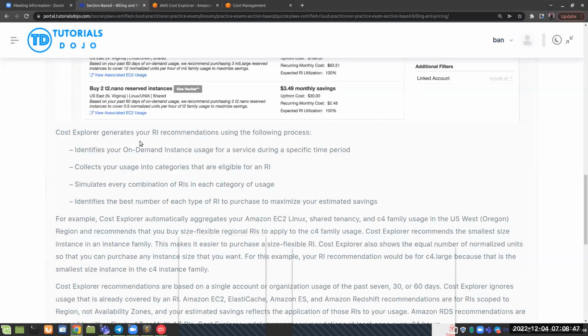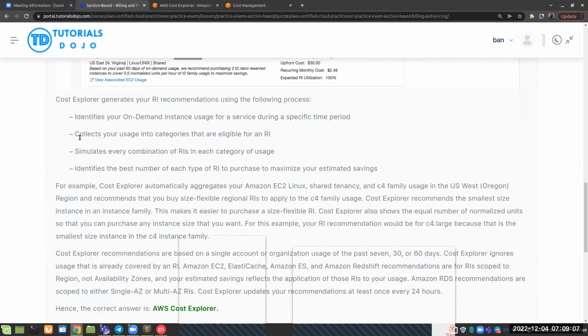So Cost Explorer generates your RI recommendations using the following process: it identifies your on-demand instances, collects your usage into categories, simulates every combination, and then identifies the best number of each type of RI to purchase to maximize your savings. So Cost Explorer can do that.